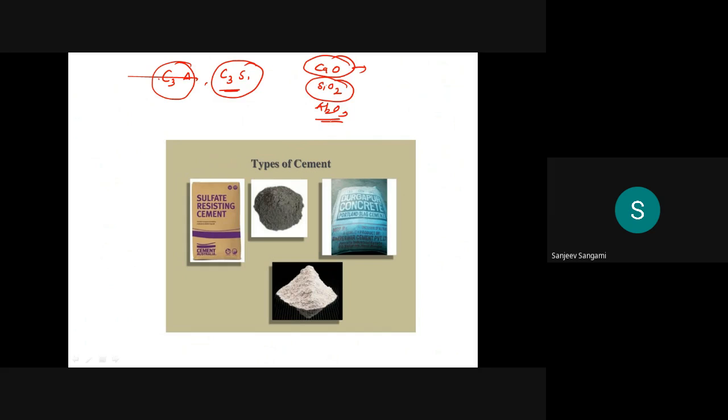The strength properties depend much on the tricalcium silicate content. So in general terms, this means that the higher the CaO, very important, the better the hardening conditions.